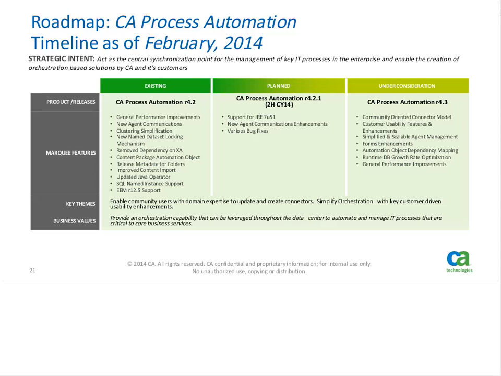And what this content package object is intended to do is, as you go through a project, you're creating not just one or two processes, but you're probably creating forms to go with that project. You're also creating data sets and various other automation objects in addition to the myriad of processes that you're creating.